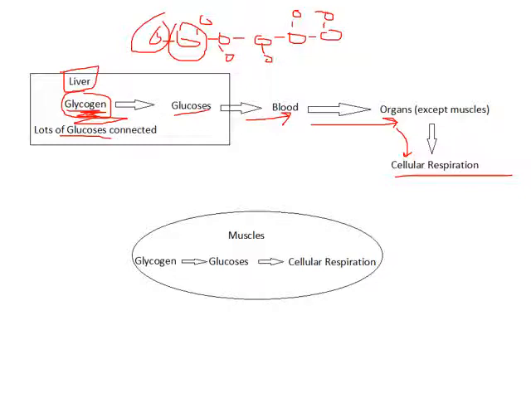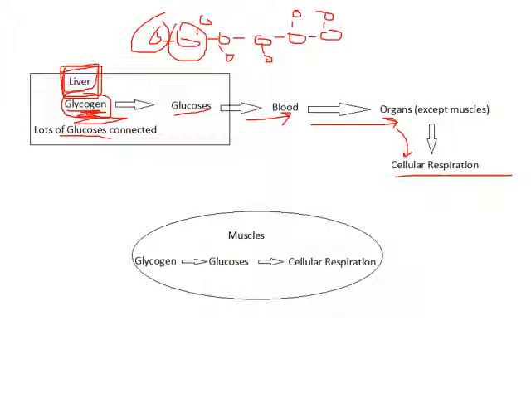So the liver is kind of sort of like a backup of glucose to make sure that you have enough glucose in your blood to supply for your brain and other organs. All right, now a problem comes with this.